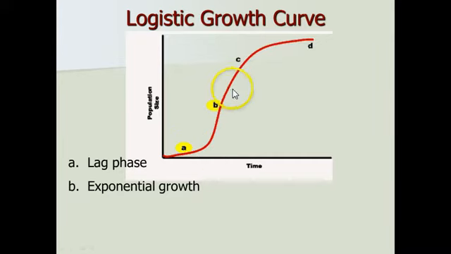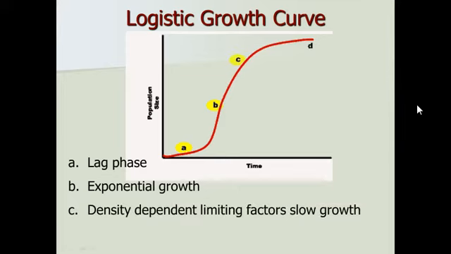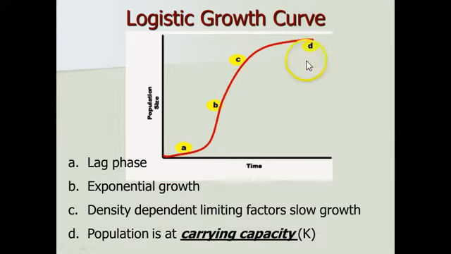And then at this point, right about here, we see that exponential growth starts to slow down. And this is when these density dependent factors start slowing that population growth, right? So as it gets up to here, the population growth is going to slow down. Once that population gets to this point, we've reached what we call carrying capacity.